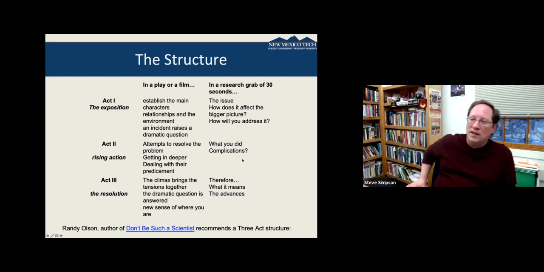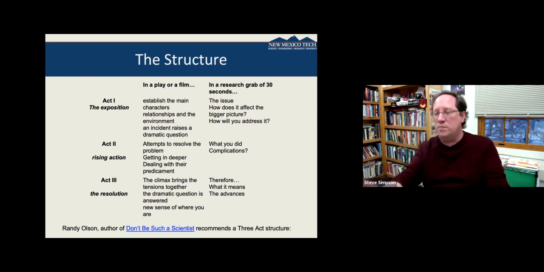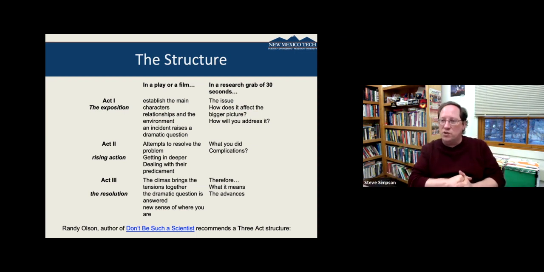Act 2 is where you describe how you're attempting to solve the problem. What are your methods? What's your approach? What are the complications that you experience? And how do you solve these? And then Act 3, this is the resolution. This is the climax. Therefore, what does this mean? What do we get as a result of this?